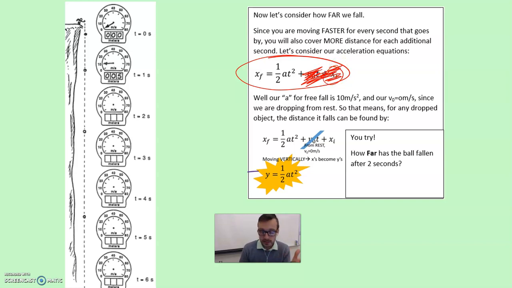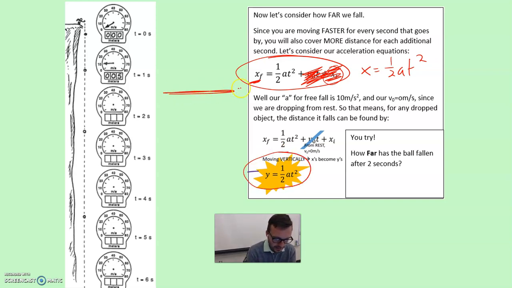And so what that means is the distance that we fall, this distance x, is going to be determined by 1/2 the rate of acceleration times time squared, because of the way all these things relate to each other. And if we do that vertically, because we're falling, in math class this is the x-axis, of course, and this is the y-axis. So all of our equations with x for distance, we can use y for distance this way. And if we do that, the distance that you fall when dropped from rest in a free fall scenario is y equals 1/2 at squared.